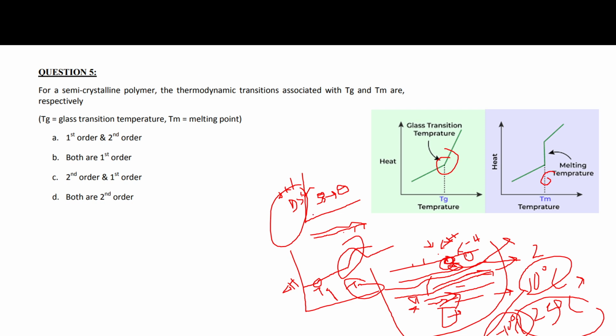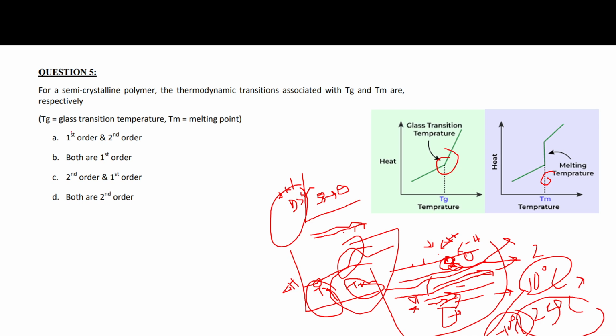When you're talking about crystalline material like small molecules, for perfectly crystalline materials we get only the Tm temperature. But for semi-crystalline materials like polymers, they have both temperatures, Tg and Tm, and these two temperatures are needed to get an idea about the polymer property.